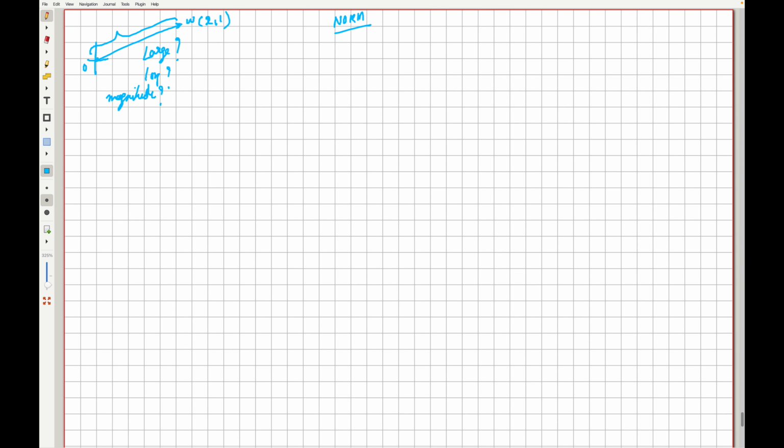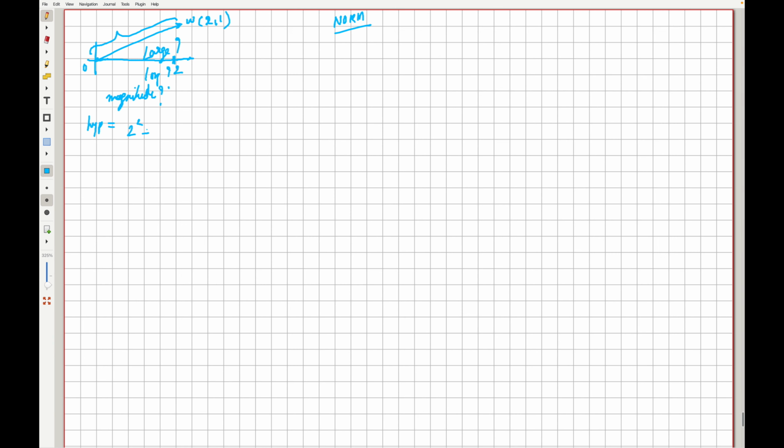In this case, if we apply the Pythagoras theorem, we need to calculate that hypotenuse. So the hypotenuse is equal to the square of this side, which is, let's say, 2.